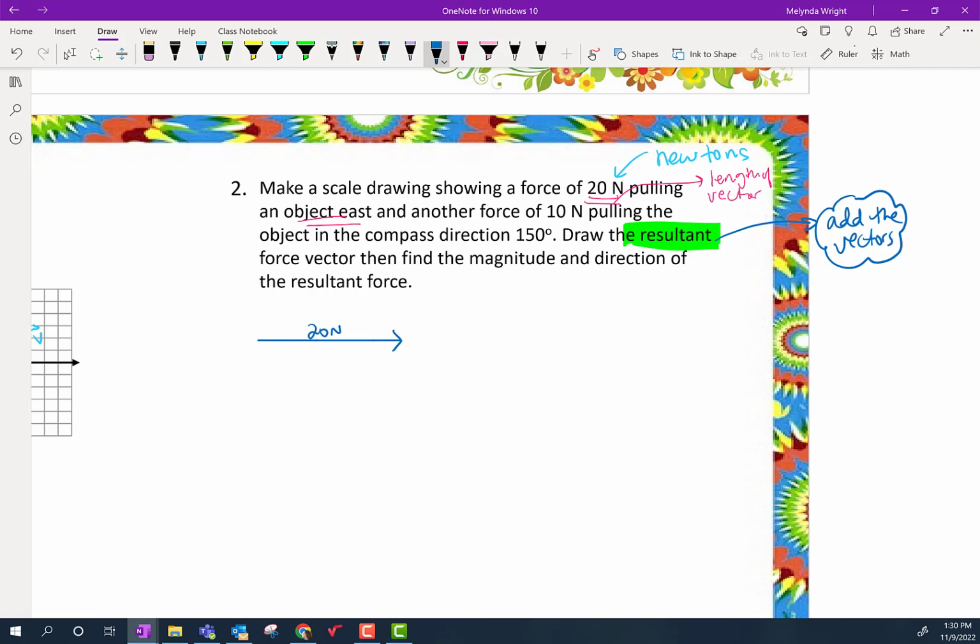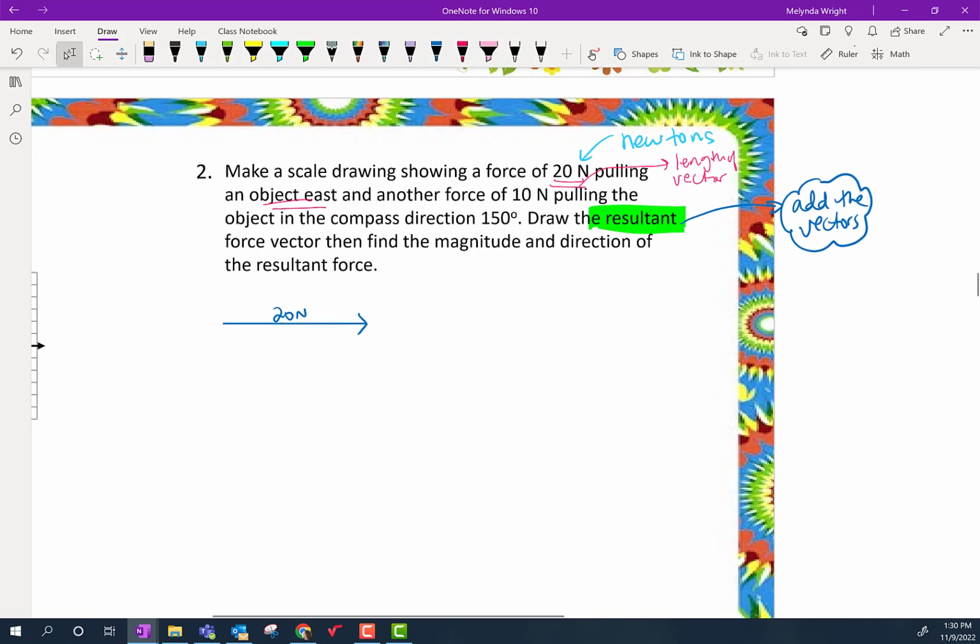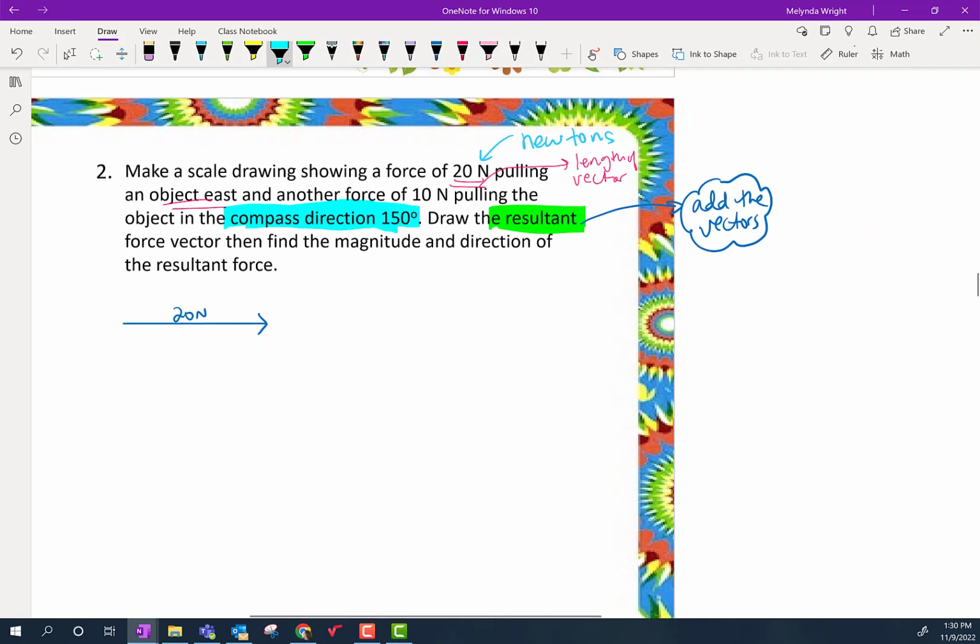So the other thing we need to focus on is this whole compass direction. So I'm going to go out here to the side and we're going to talk about compass direction of 150 degrees. What does that mean? A compass direction is different than just a regular direction.